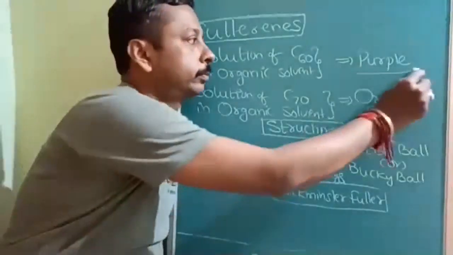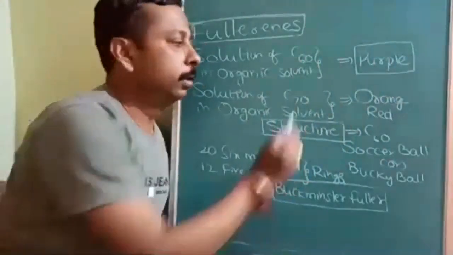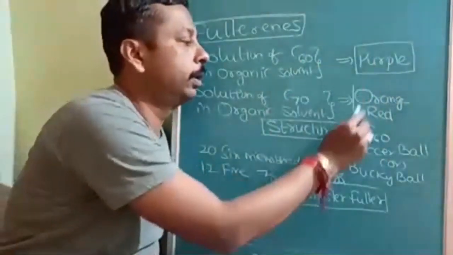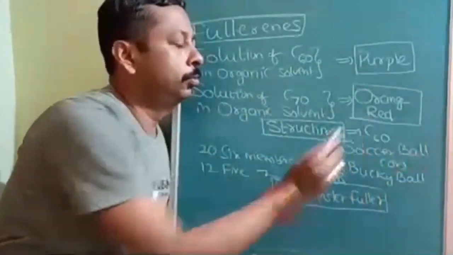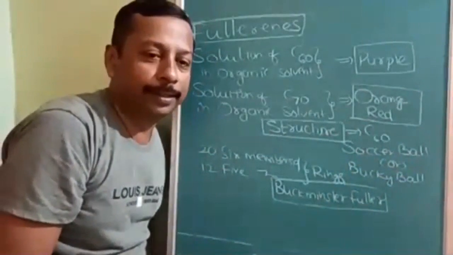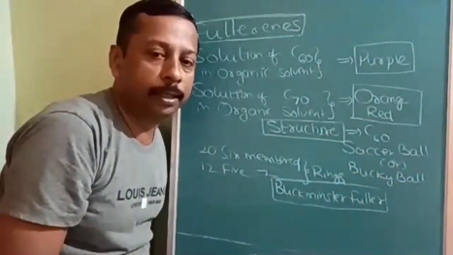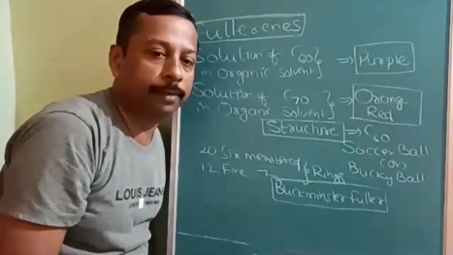C60 is purple in color and C70 is orange red. Two specialities: the others are insoluble and colorless, and these are soluble and colored, with different colors.